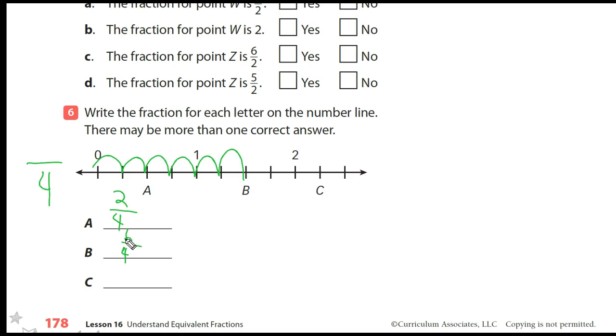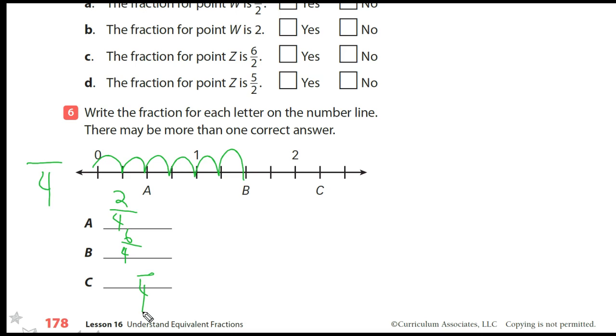Okay. Travis, what's my fraction for point C? Well, for point C, what's my denominator? Travis? What's my denominator? 4. So what's my numerator? I got to count the spaces between 0 and point C. 10.